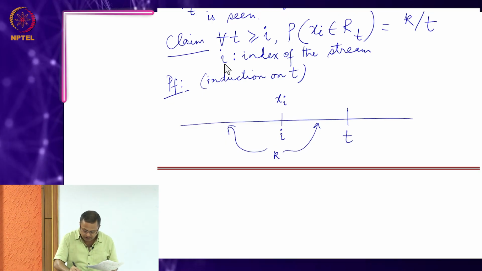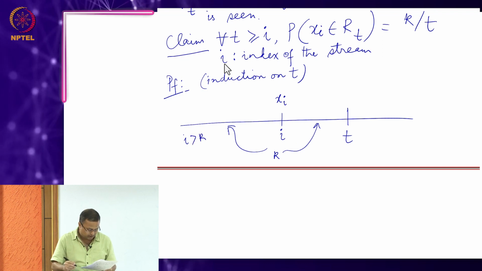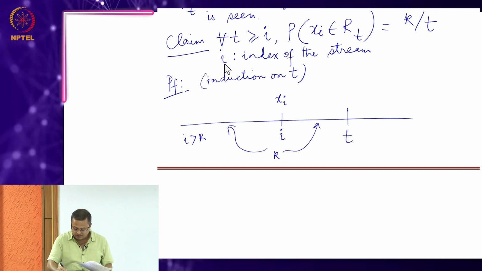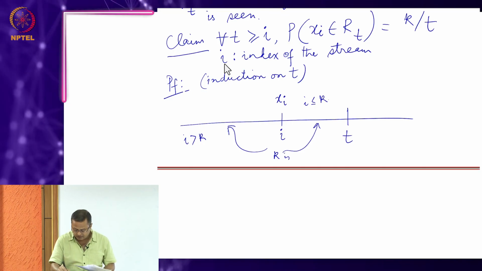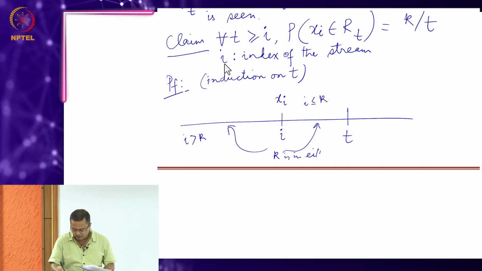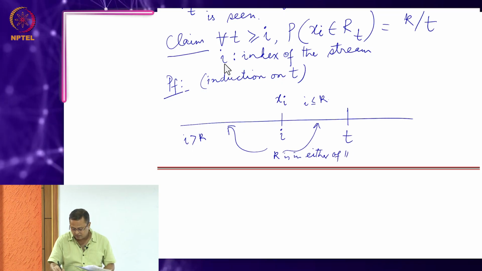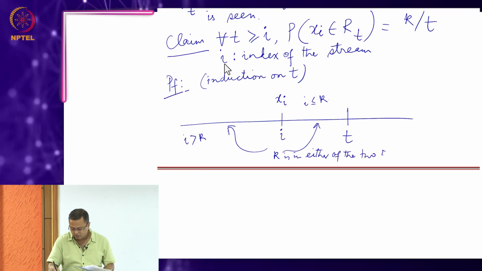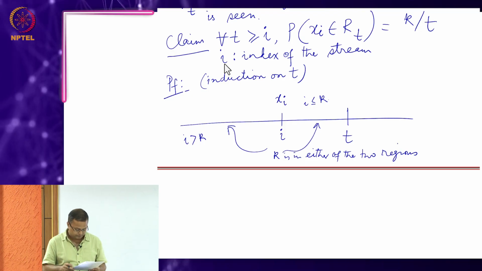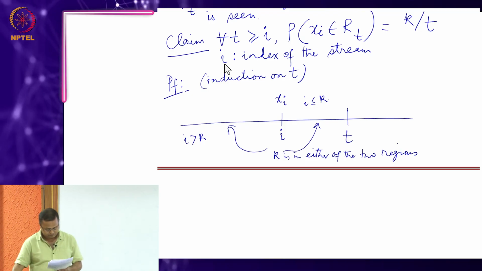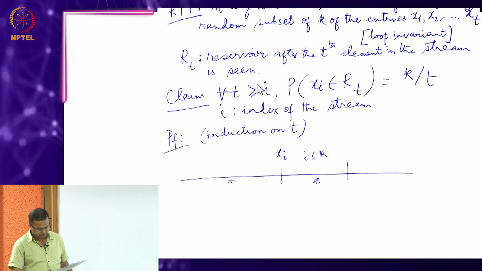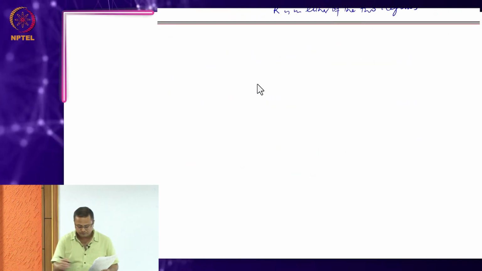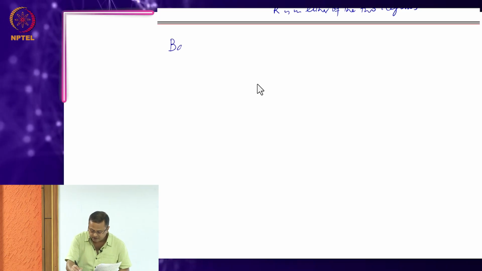So, in this region i is greater than k, in this region i is less than k. So, k is in okay.